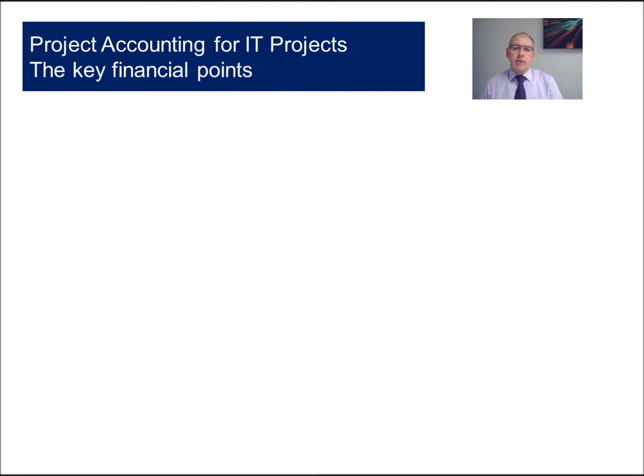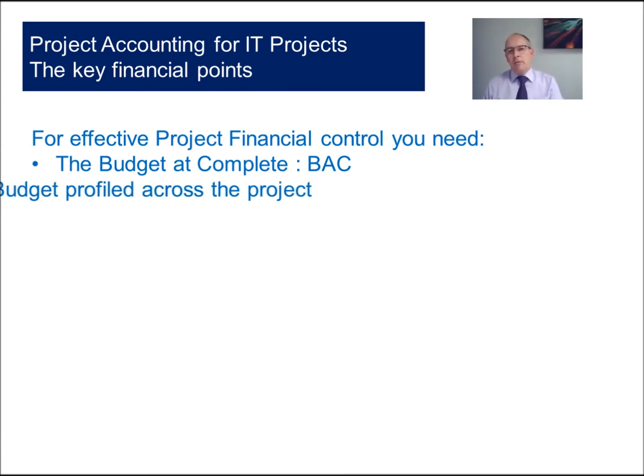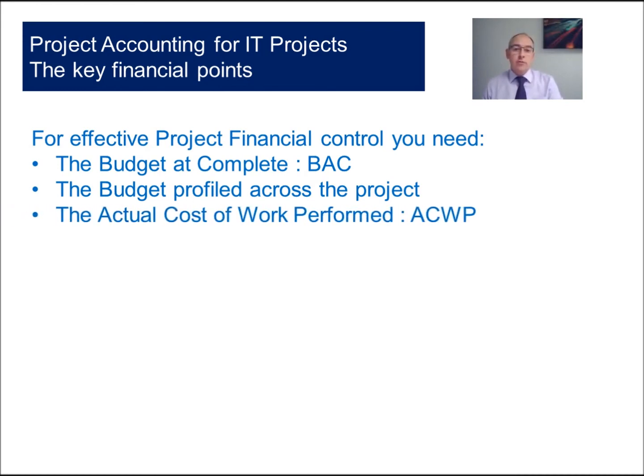So the key points we need to remember when we're doing our project accounting. The first is, what is our budget at complete? How much money have we got to spend? The second is that we must profile the budget across the project, so we look at it by each stage. Then as we do the work, we track the actual cost, the money we spent on software and hardware, on services to deliver. And then we have to do our estimate to complete.